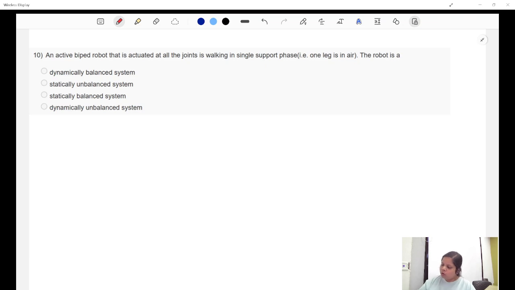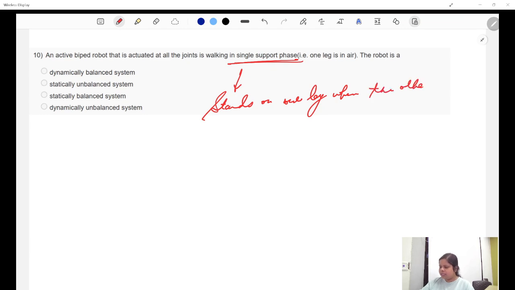The main point is that it is working in the single support phase. What does it mean? It stands on one leg when the other is in the air, which means this is mid stride.